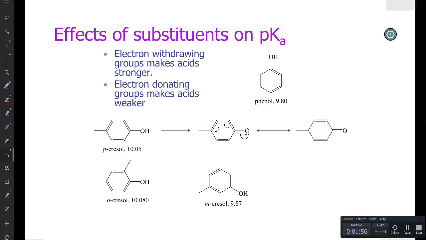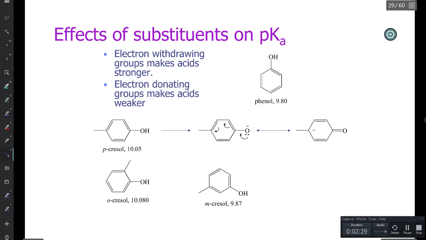And that's because when you look at the resonance structures, the electrons are placed in a position adjacent to the electron donating group. On the other hand, when you look at m-cresol, its structure right here, and the resonance structures for that substance, when the electrons are donated into the ring, you'll have a negative charge here, here, and here.